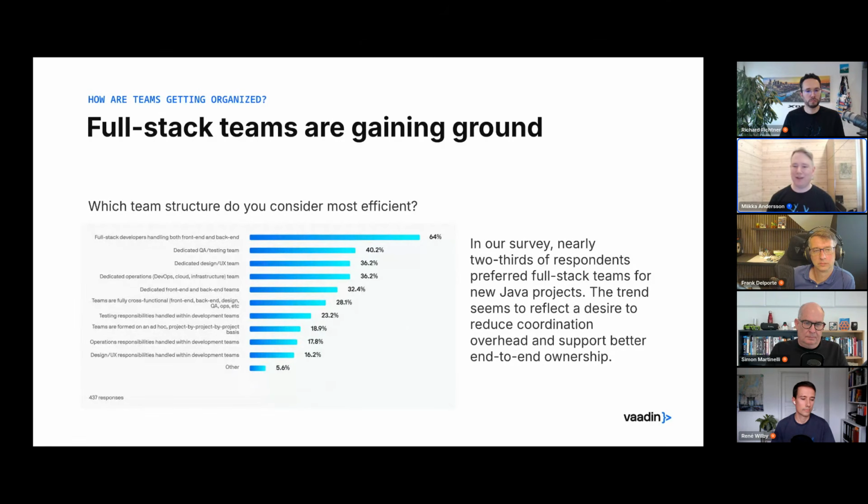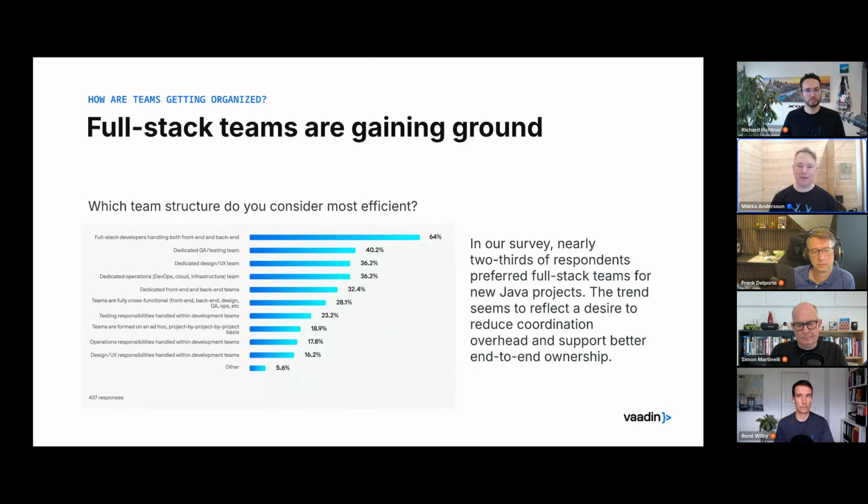Typically, it boils down to the desire of making it easier to work on features, having everyone on the same page and maybe even in the same location, but at least on the same cadence and meetings and everything. So things are perceived to be more fluent when having a full stack team available.